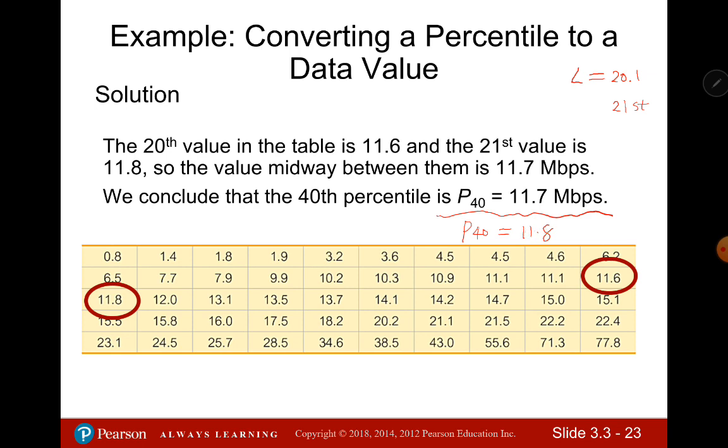We know 11.8 corresponds to P40, but when we already know P40, we find 11.7 is the corresponding x value. It's totally possible. So don't think you made a mistake. Maybe there is a slight difference: you go this way, you get this; you go that way, you get another. So it's possible.